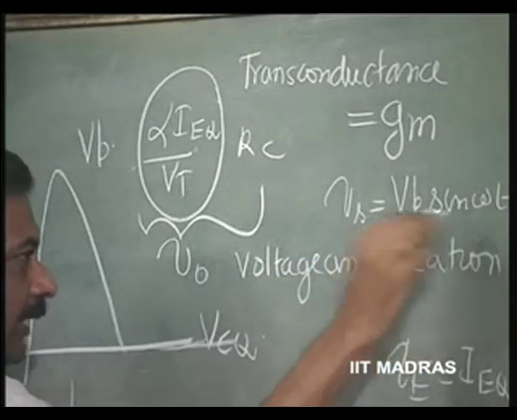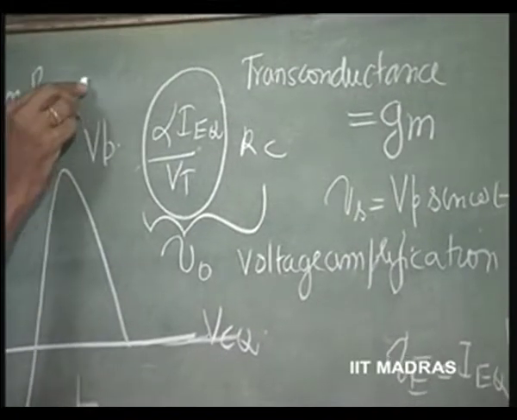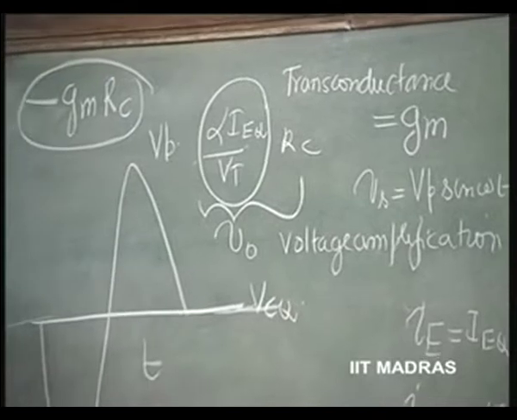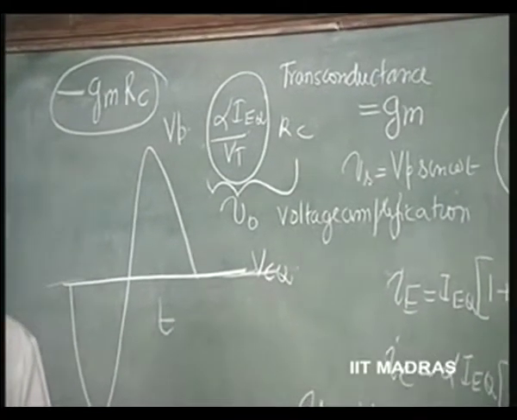So, please remember, in any amplifier, the voltage amplification factor is always equal to minus Gm into RC. Gm is defined as the transconductance.